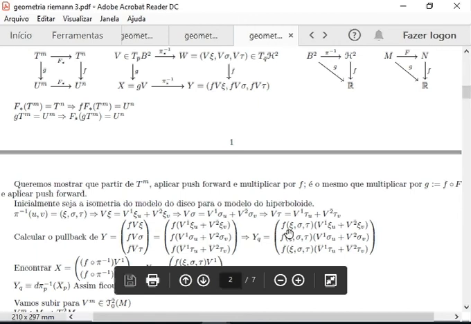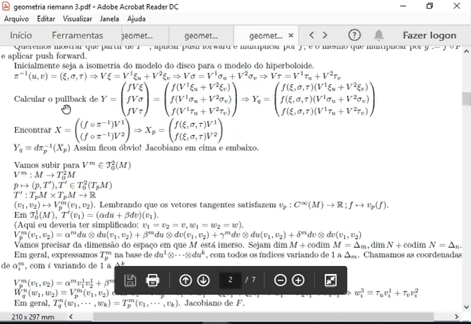It's F at point Xi, sigma, tau multiplied by V1 Xu plus V2 Xv. And we do it three times for three coordinates: Xu, sigma U, tau U, Xv, sigma V, tau V.